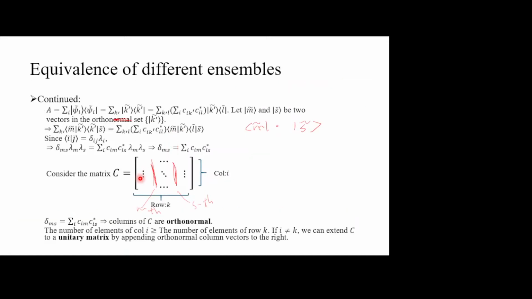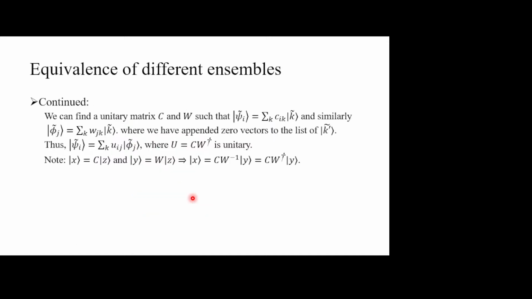Okay, and so finally we got our unitary matrix C, and so we have psi tilde equal to summation over k of c_ik k tilde.